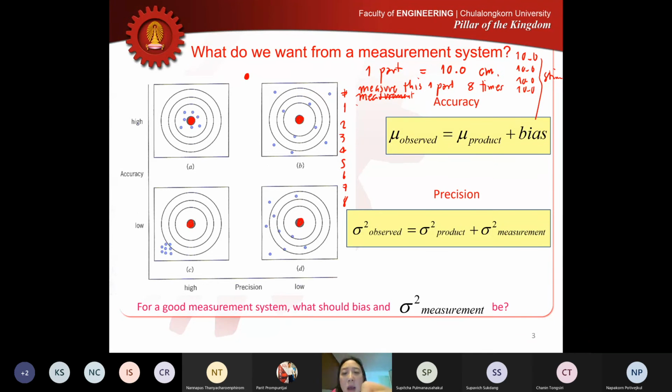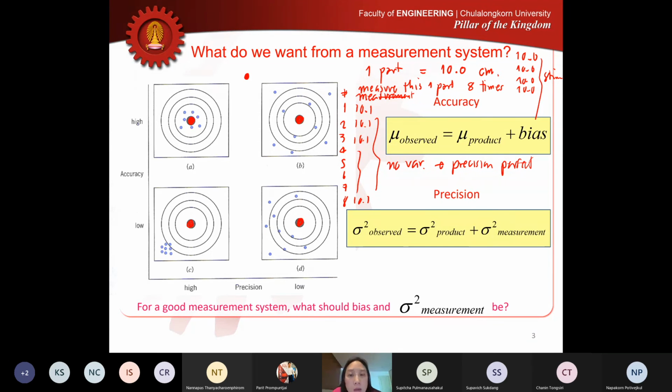Suppose you get 10.1, 10.1 all the time. That means there's no variation at all among your repeated measurements, so your precision is perfect.